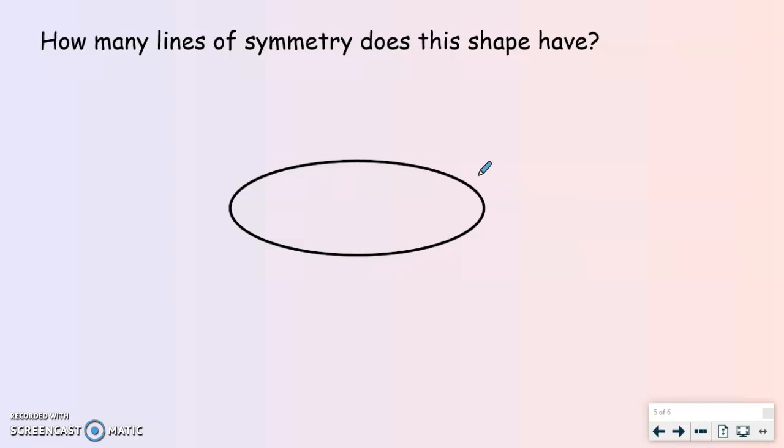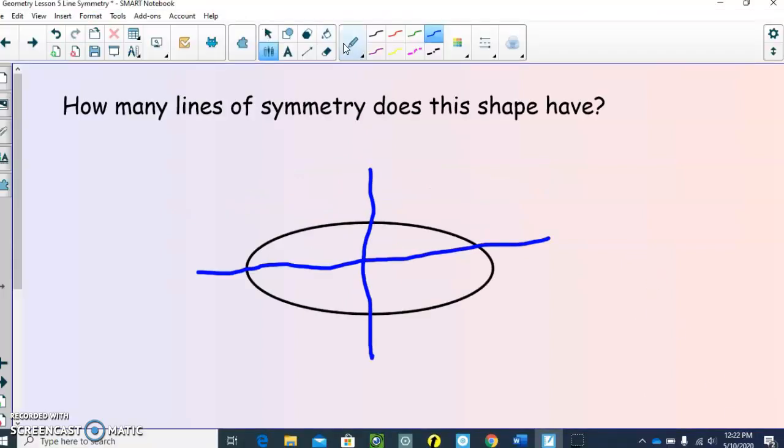You probably, for starters, thought about just doing the line down the middle, because if we fold it in half like that, this side of the shape would match this side. Are there any other lines of symmetry? We could go across this way as well. Oops, it's really hard to draw straight lines.